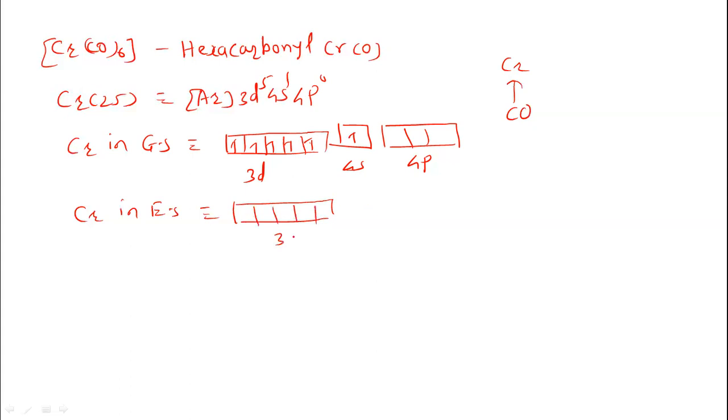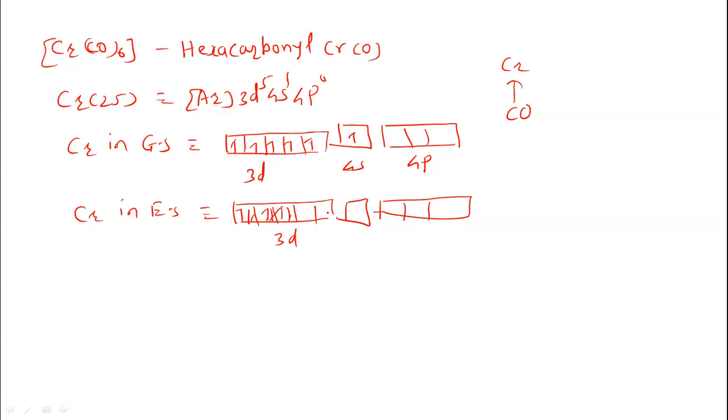So this is the 3d orbital, then the 4s orbital and the 4p orbital. We require 6 vacant orbitals here because the coordination number of chromium is 6. So we have to create 6 vacant orbitals. First of all, these electrons get paired here. The 6 electrons can be paired in the 3d orbital.